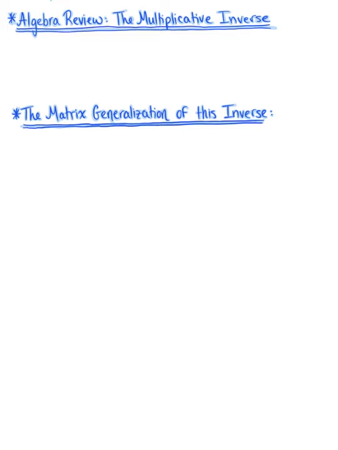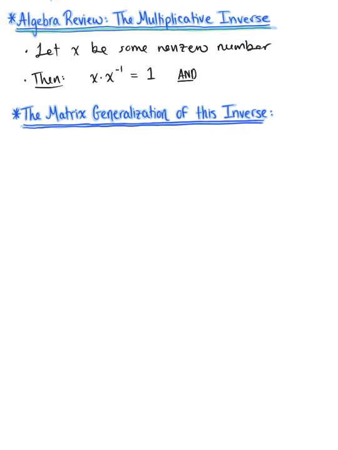So in this quick algebra review, we are looking at the multiplicative inverse of a non-zero number. So let's go ahead and let x be some non-zero number. Any non-zero number your little heart desires. Then the multiplicative inverse, or that algebraic reciprocal, tells us that this non-zero number x multiplied by x to the minus 1 equals 1.